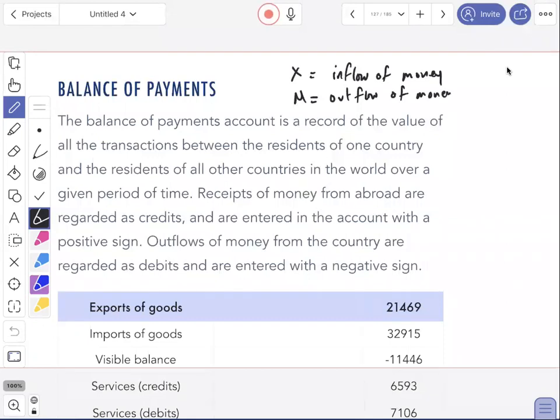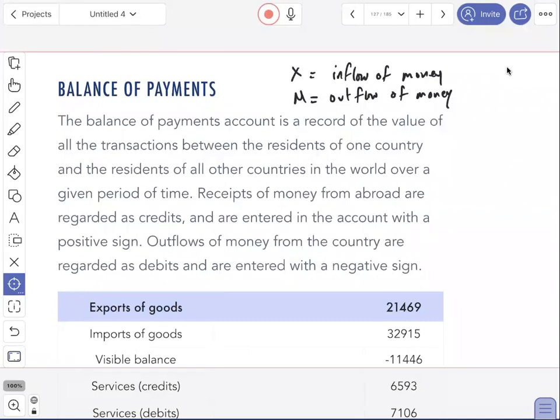So when you are buying goods and services from abroad, you are basically importing them, and those imports will be an outflow of money because you need to pay. Let's say I'm buying a Japanese car. In order to buy a Japanese car, I may need to pay in yen to a Japanese producer, and that would mean my rupee will be converted into yen, and that yen will go to Japan while the car will come to Pakistan.